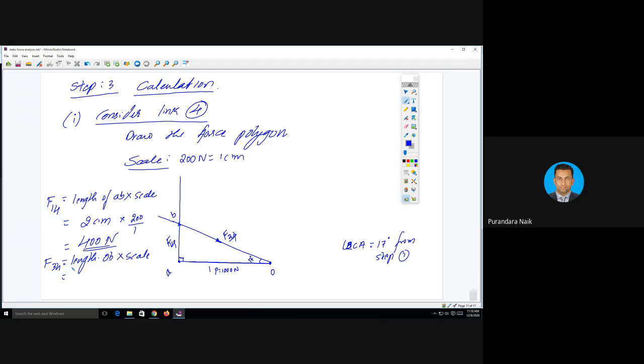OB length? Time is running out. Devraj B is there in the class. Snehal is there.